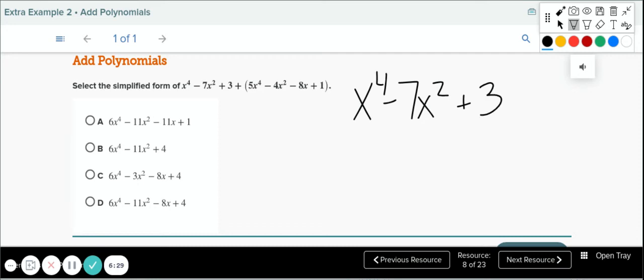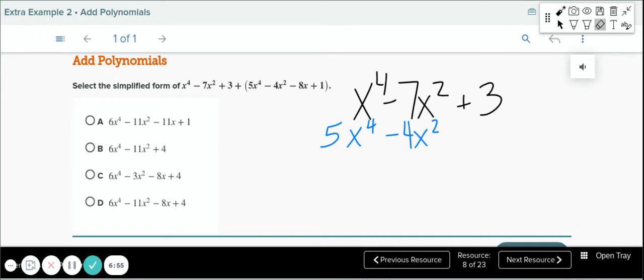Then the second polynomial is in parentheses. That's what we're adding to everything before that. So I'm going to use the vertical method, and I'm just going to line everything up. So the 5x to the fourth lines up with x to the fourth. Negative 4x squared will line up here.